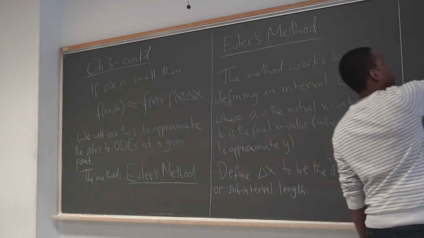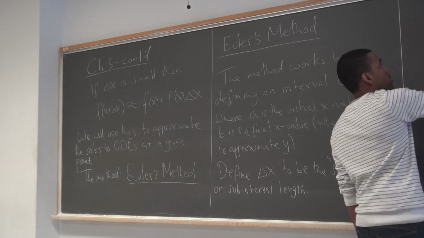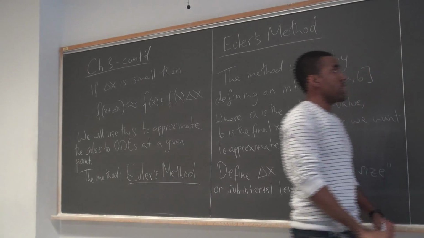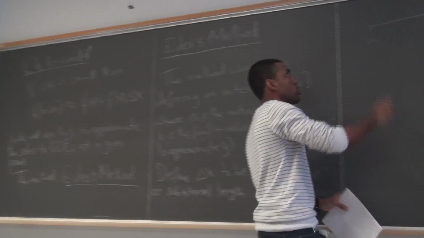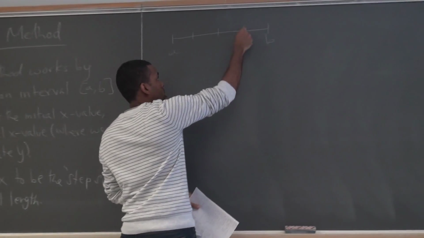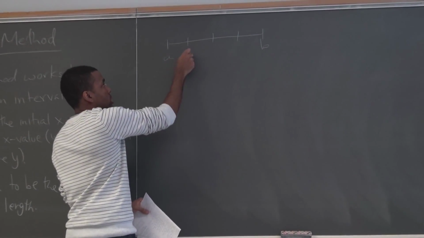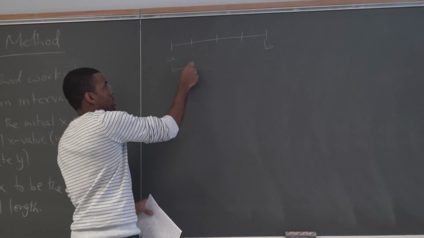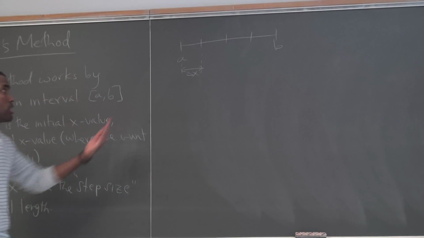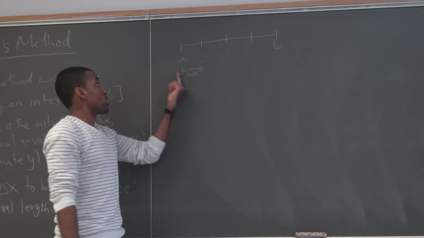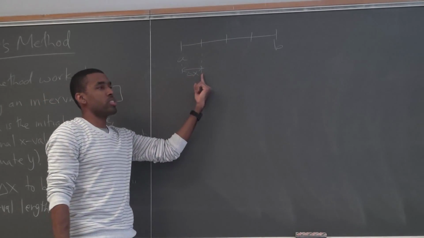So basically what's happening is we have an interval AB. We know the value of the function that we want to find at this point. And what we're going to do is break this up into pieces where each length is delta x, right? We know it here. We're going to use this formula to figure out what is the value here.